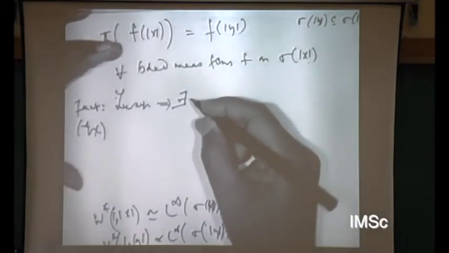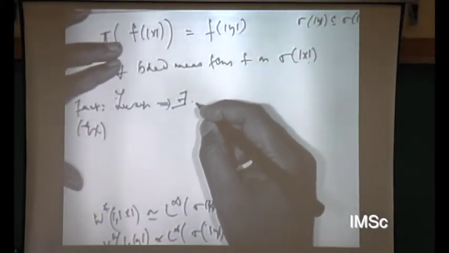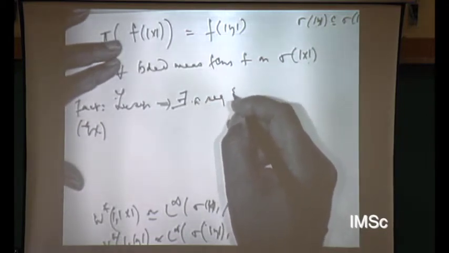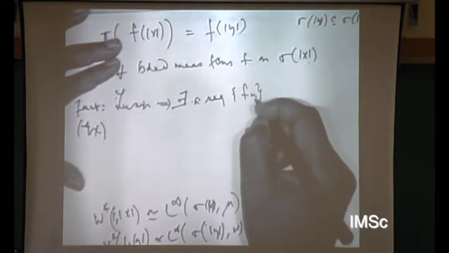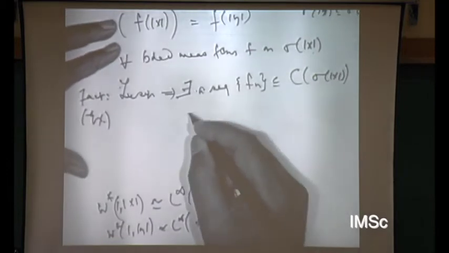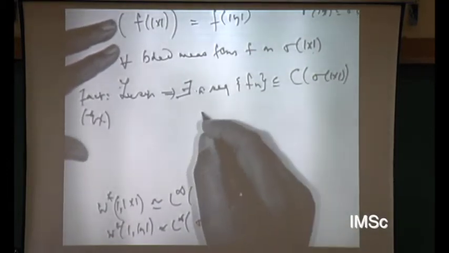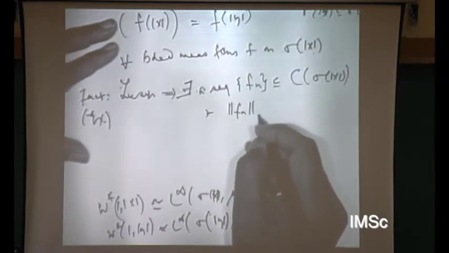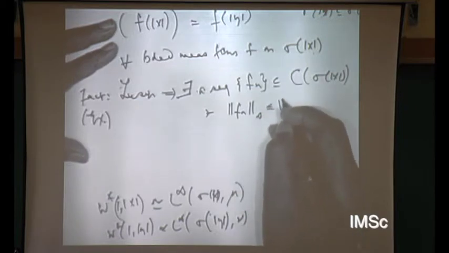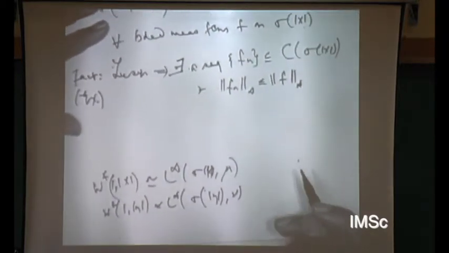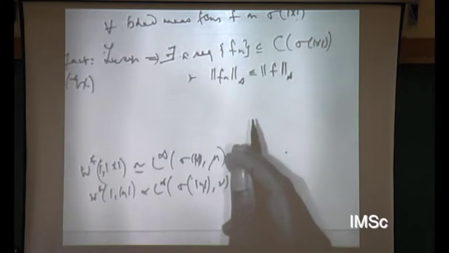I want to say there exists a sequence of continuous functions f_n which are uniformly bounded. I can choose them all to have norms smaller than the norm of f. Here by infinity norm I just mean the sup norm.